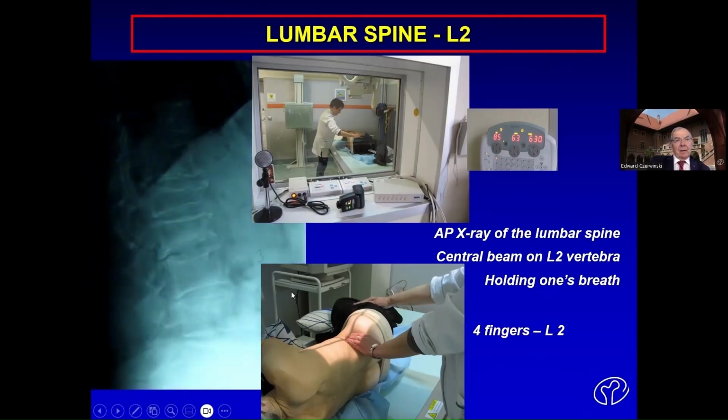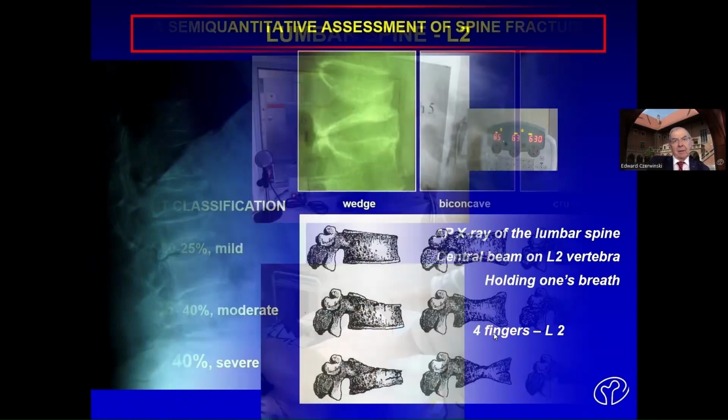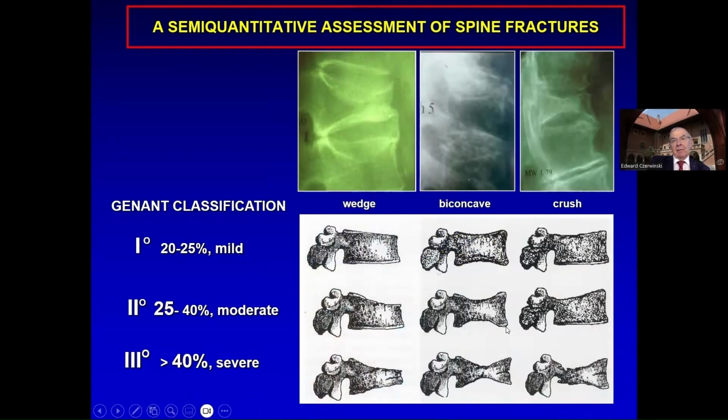And so here we have the lumbar spine with many vertebrae broken. Everybody uses the Genant classification, and it classifies 20 to 25 as a mild fracture. A moderate fracture is above 25, and severe is more than 40.